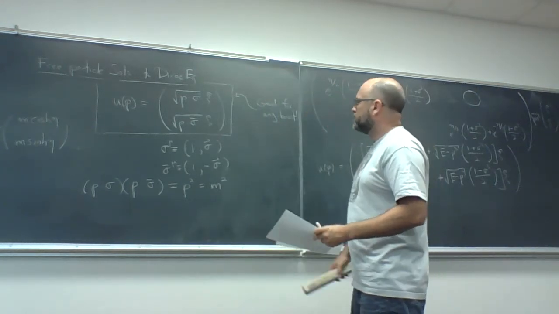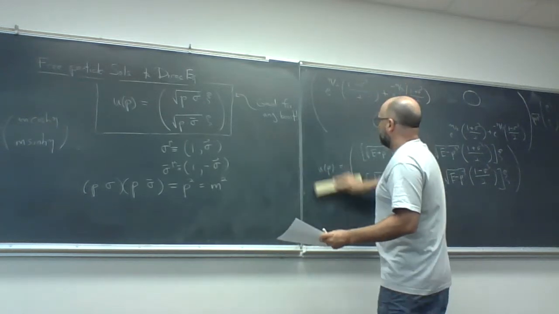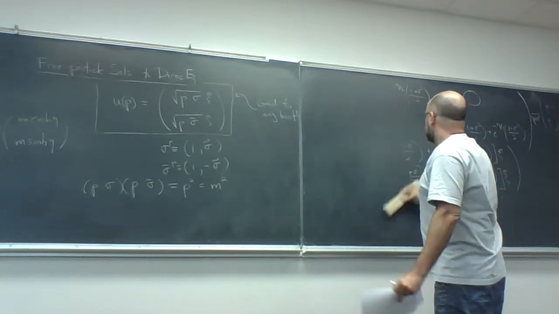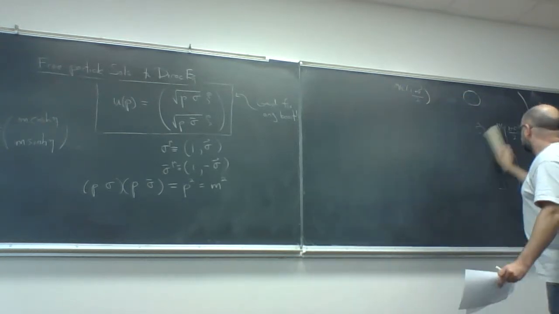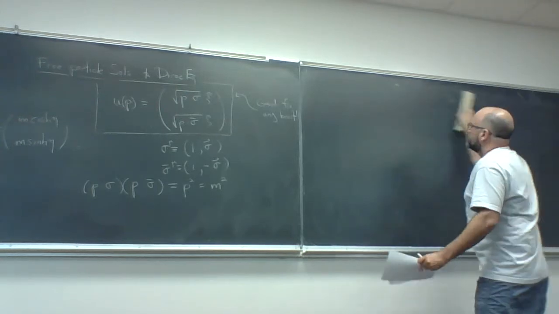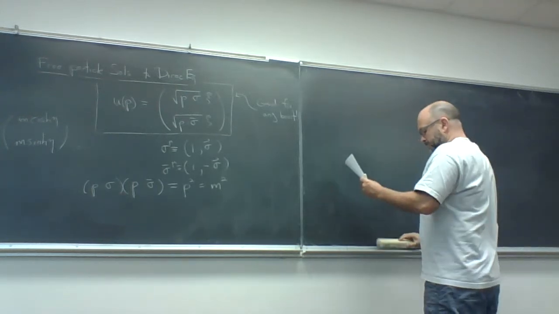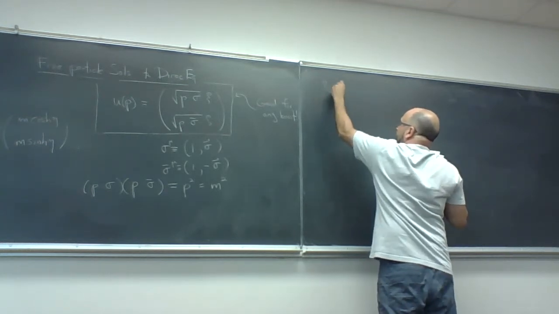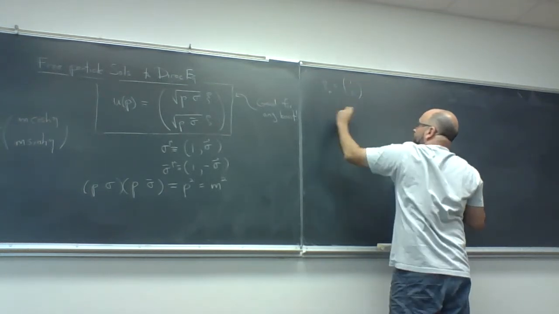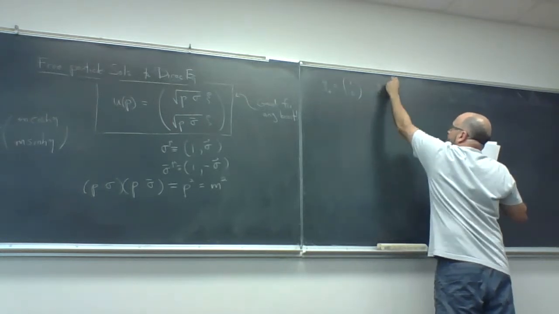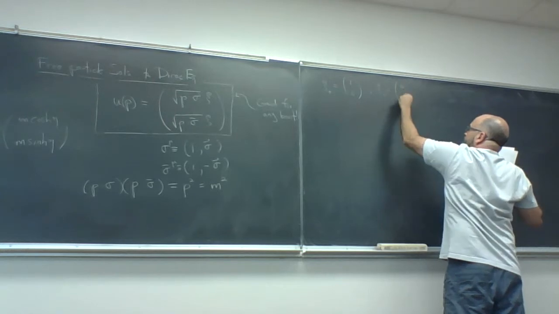All right, so we've got a solution, right? And like I said, we're always free to choose 2 of the components. So we can work with our familiar spinners. In particular, we could choose C plus, which is 1, 0, so I can spin up on the z-axis, and we can choose C down as 0, 1.